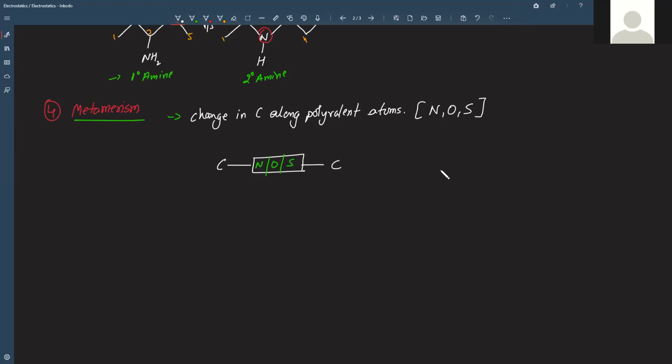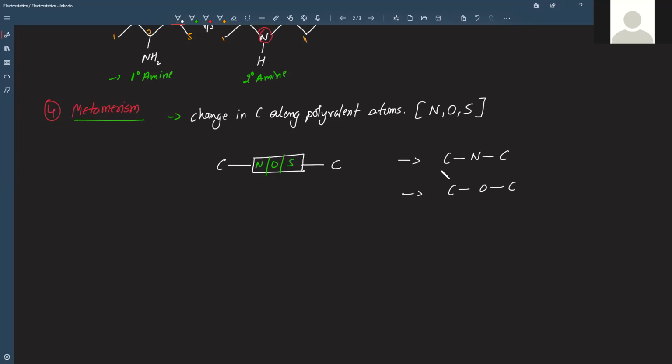If we find such a thing, then we say that this is a metamer. Among the compounds we are going to study, we will have only nitrogen and oxygen. So what is this compound?